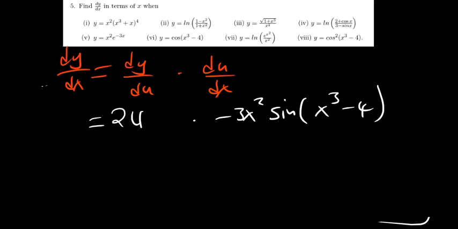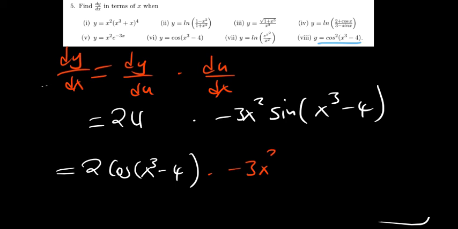Now our u is basically whatever was in the brackets, right? So we said cosine of, so that would be 2 cosine of x to the power 3 minus 4. Now we are multiplying by negative 3x squared sine of x to the power 3 minus 4.